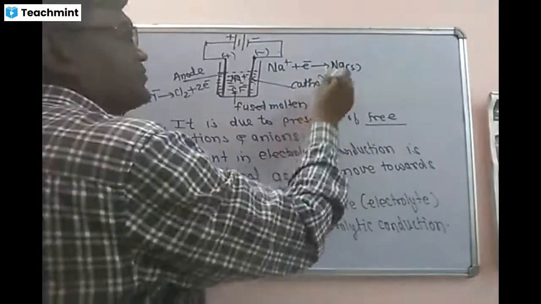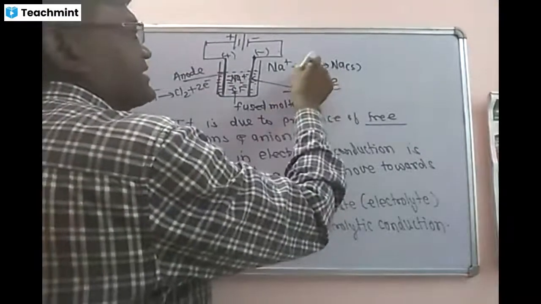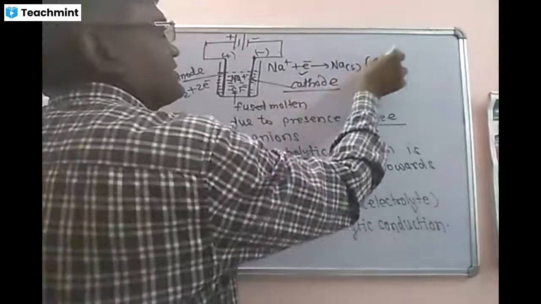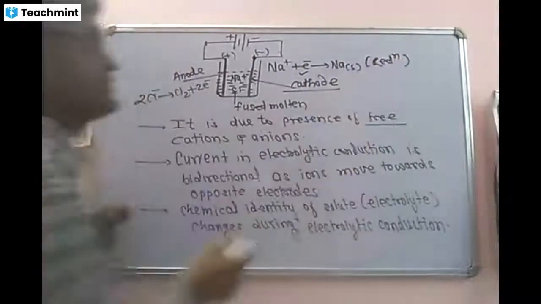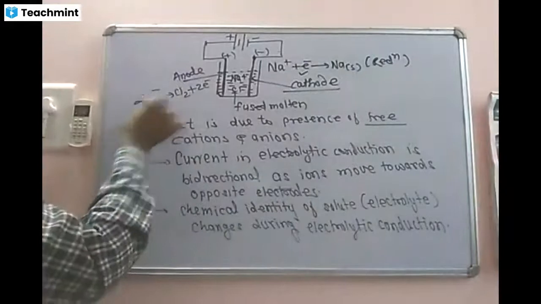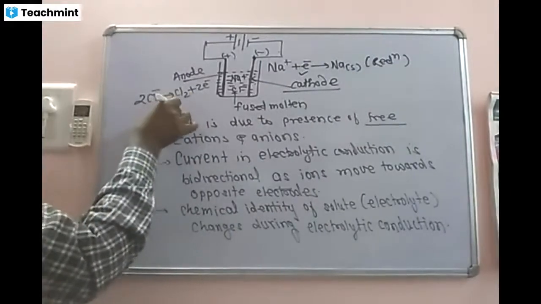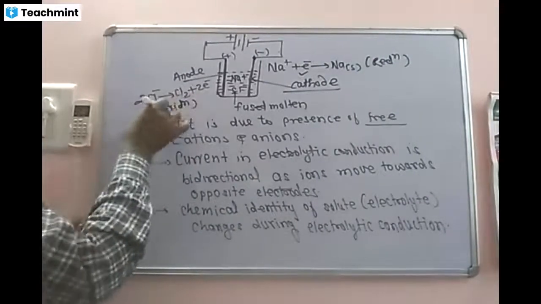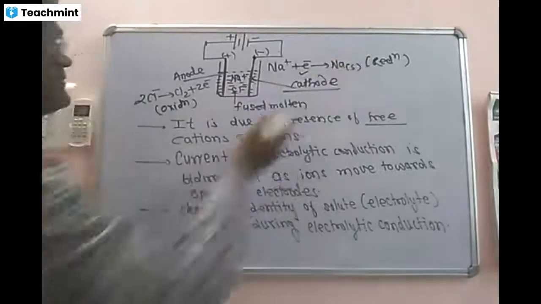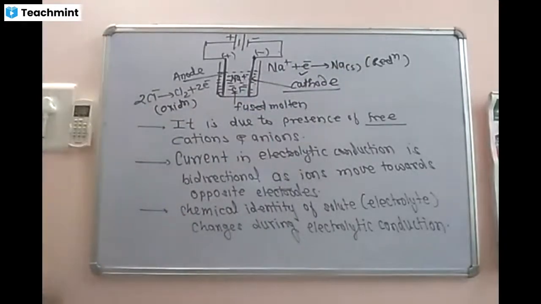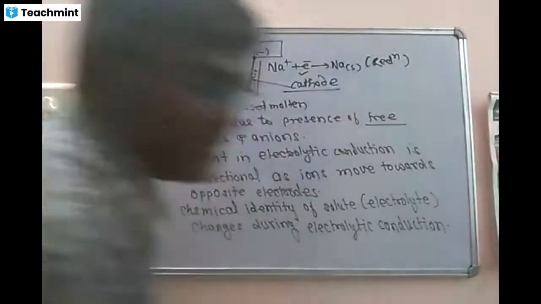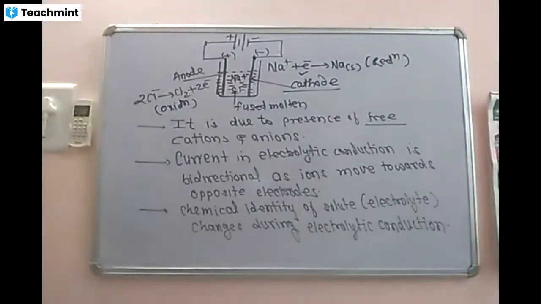That Na positive moves towards cathode. As a result, it gains electron, and this is called reduction. Whereas on this side, Cl negative ion gets oxidized. Loss of electron, that is oxidation. Gain of electron, that is reduction. So in this way, conduction of electricity will take place through the solutions, that is called electrolytic conduction.